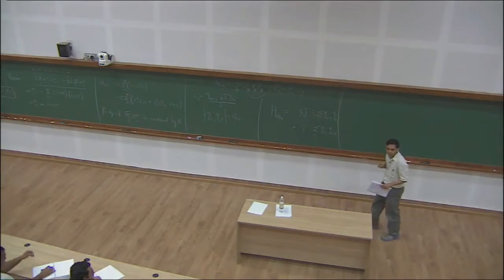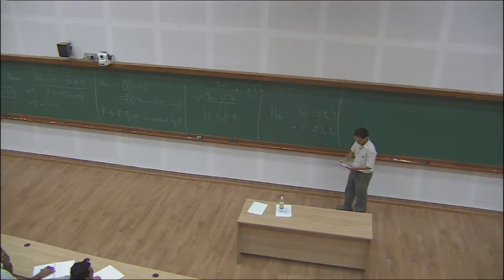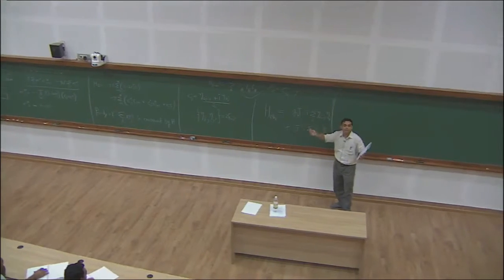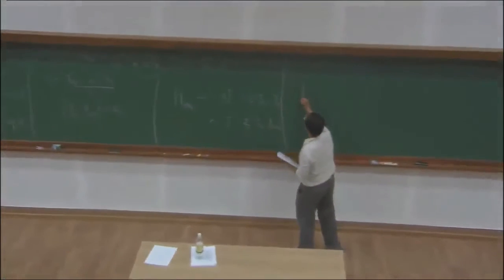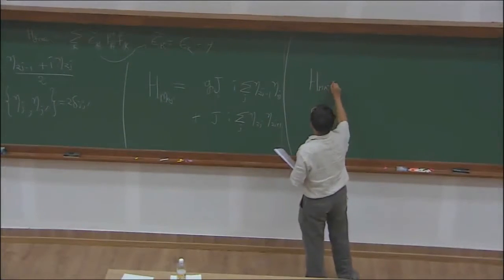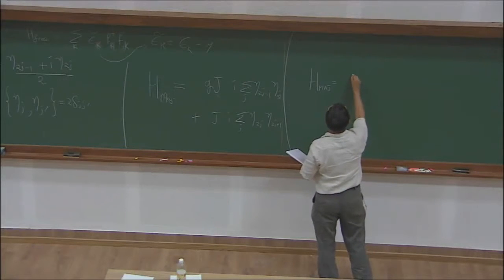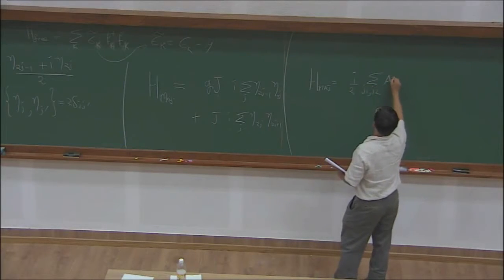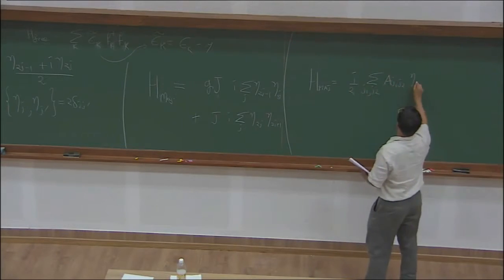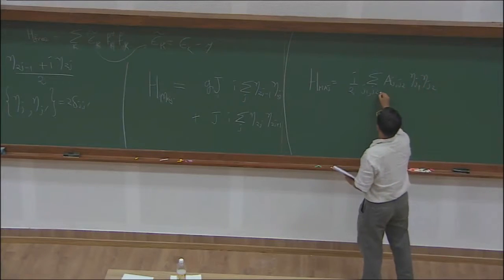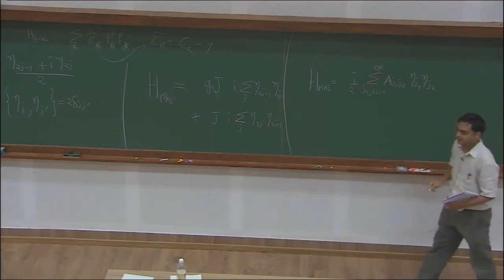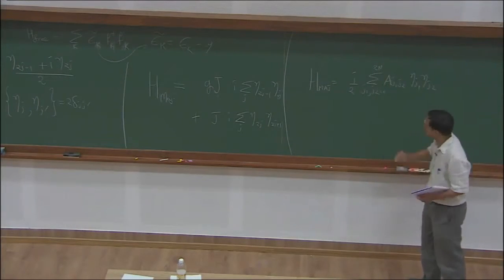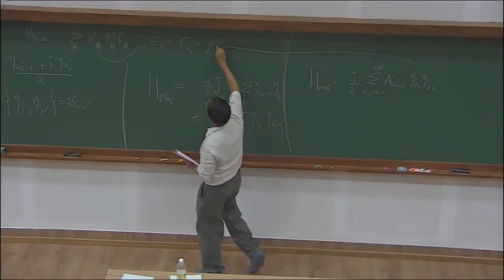So then we did one more thing. We said, okay, now that I've written it in terms of etas, let me introduce the way we look at Majorana fermion Hamiltonians in general. If you have a general Majorana Hamiltonian, which looks like this, sum over j1, j2, A_{j1 j2} eta_{j1} eta_{j2}, with j1, j2 both running from 1 to 2n, then there is a standard prescription one can derive for diagonalizing this Hamiltonian and making it look like that.